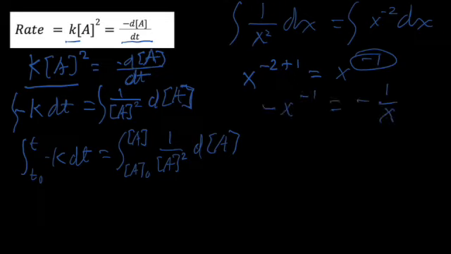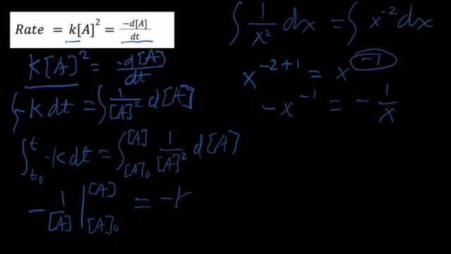So coming back over here, we have that negative 1 over the concentration of A, evaluated from the concentration of A naught to the concentration of A, equals negative K times T, evaluated from T naught to T. And this is because, again, it's just a constant, and the integral of a constant is that constant times the variable.